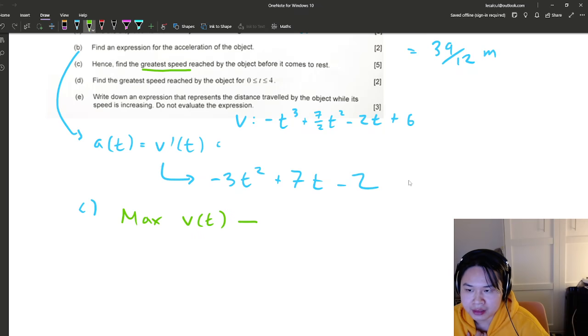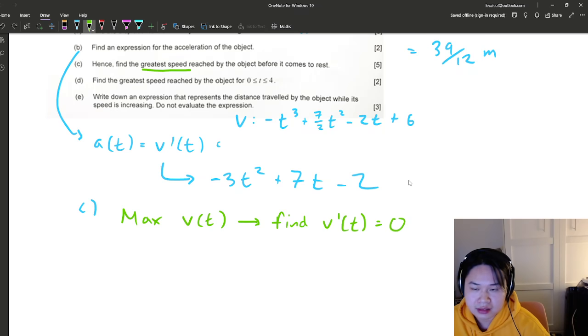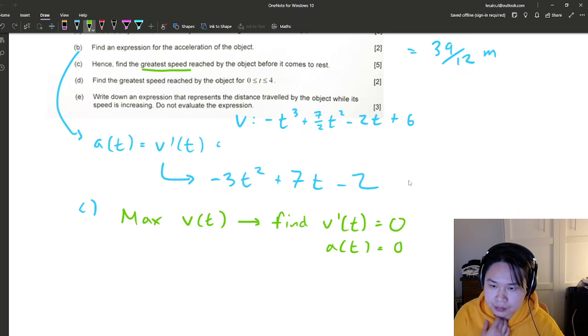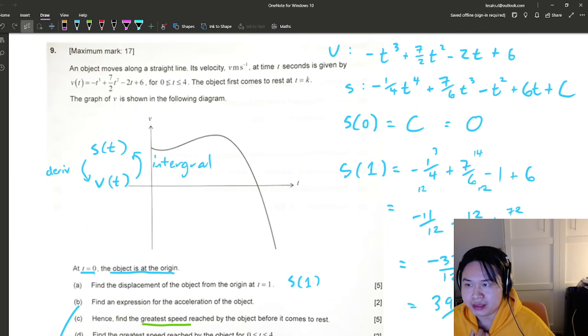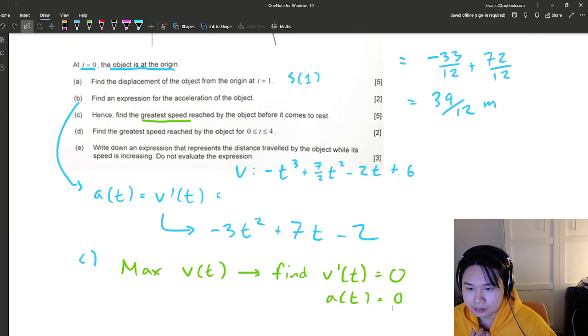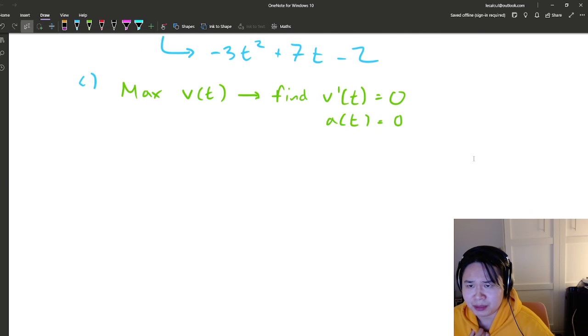So using calculus, we can optimize, and then that means that we need to find when the derivative is going to be 0. Find the critical points. So in other words, we're finding out when acceleration is 0. And also we will be checking boundary points as well. But we'll do this part first.